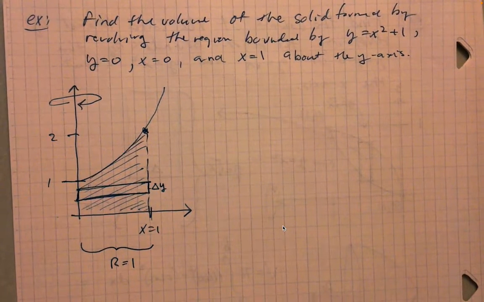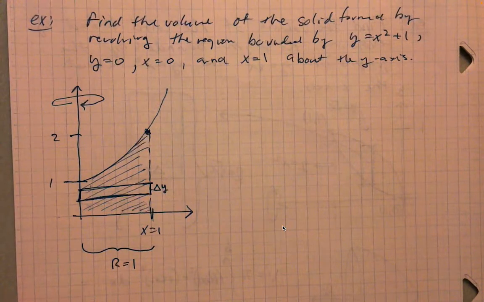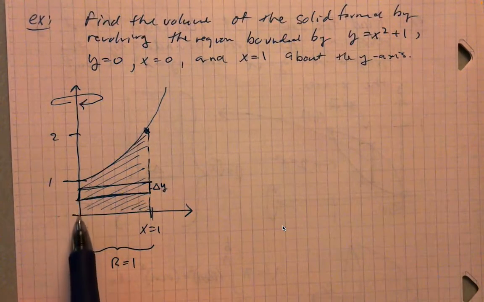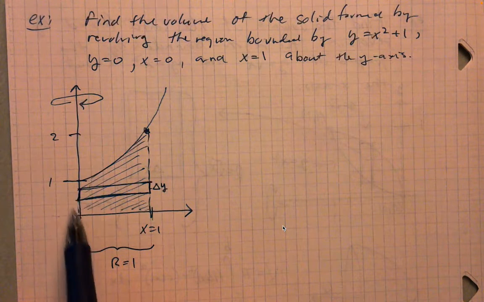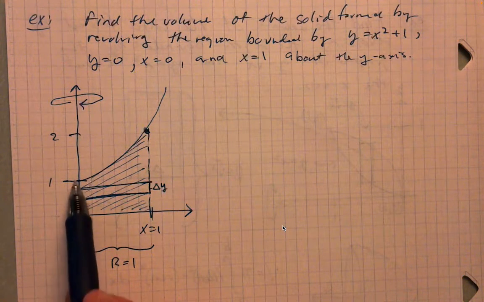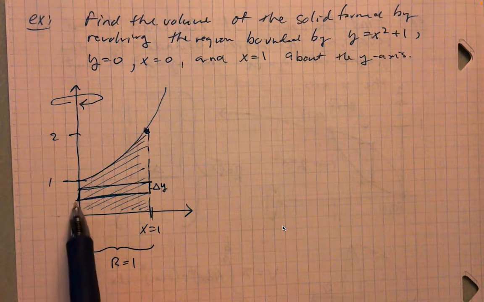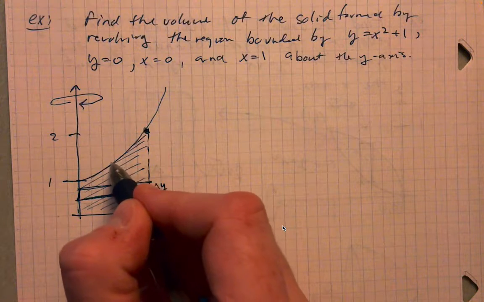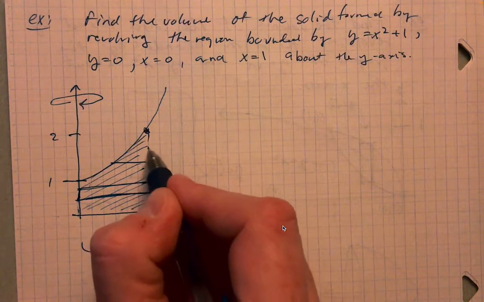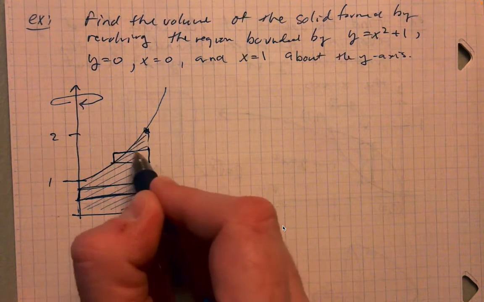Now the inner radius, here's where it's a little bit tricky. Down here, the inner radius is 0, because the representative rectangles down here are actually on the y-axis. Up here, however, the inner radius will be different.